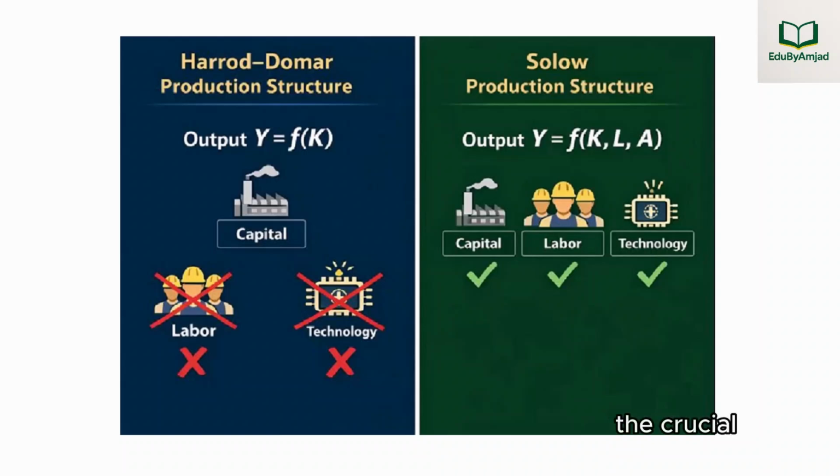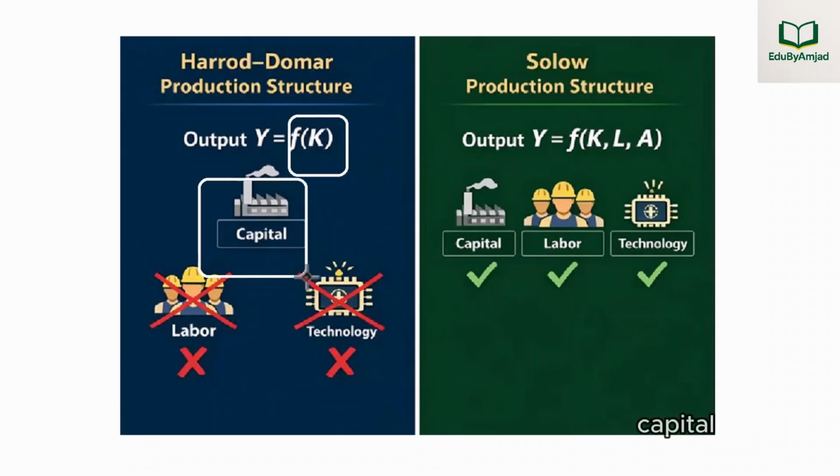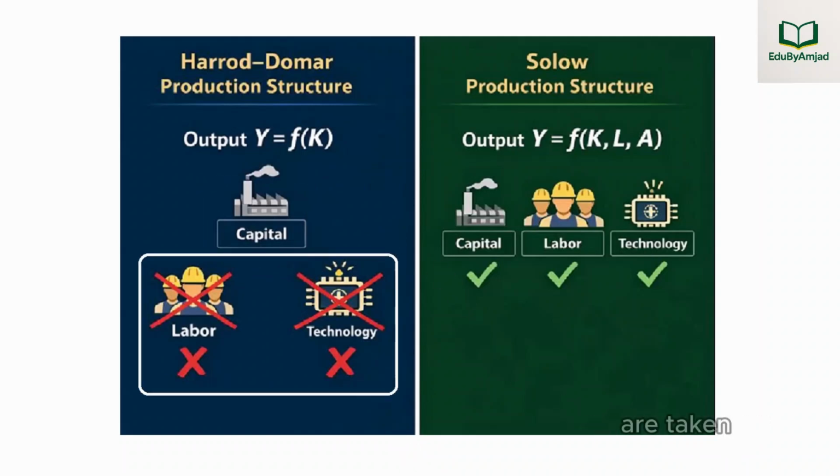Now comes the crucial difference. This difference revolves around the relationship between national output and the inputs used to produce that output. The two models consider different sets of productive inputs as responsible for the production of national output. The Harrod-Domar model effectively assumes a very simple production structure, in which output depends only on capital, while labor and technology are taken as fixed or ignored.